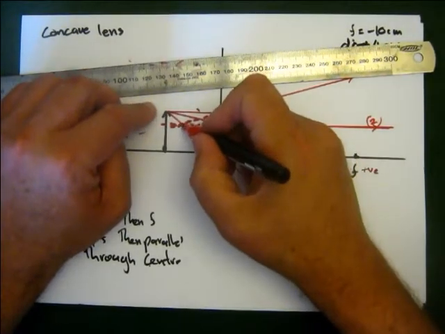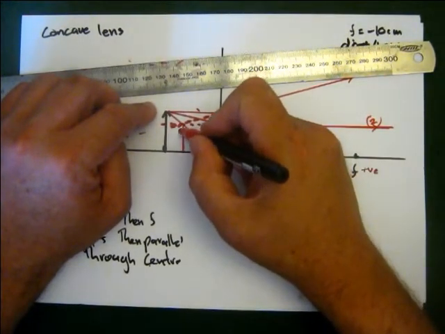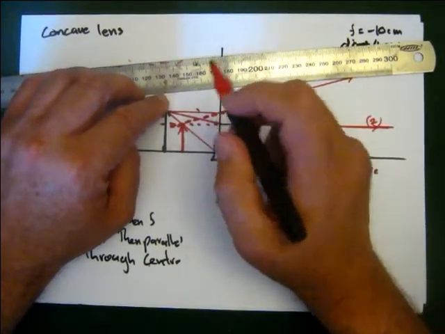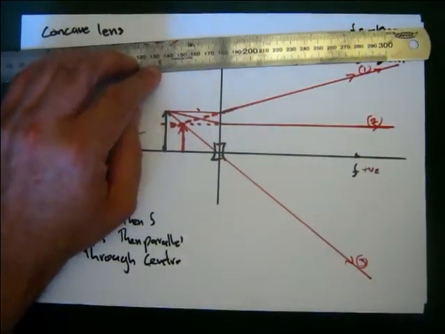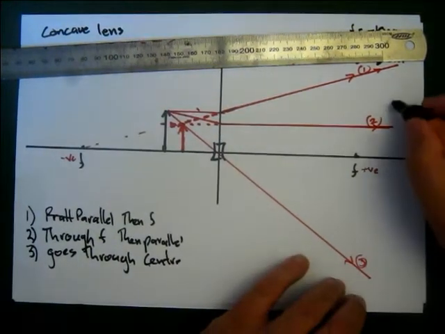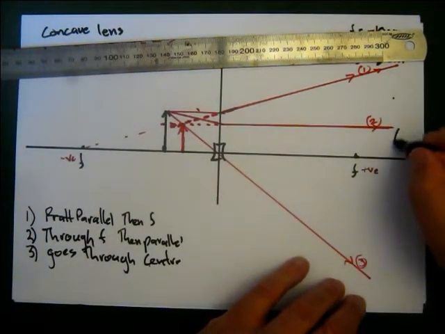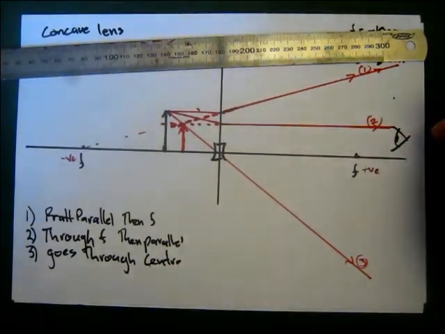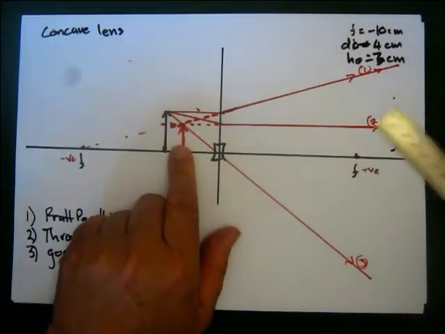So all of these 3 rays meet at this point here. So that's where my image is going to be. Remember, I'm looking from this side. This is where I'm looking from, and I see the image over here.